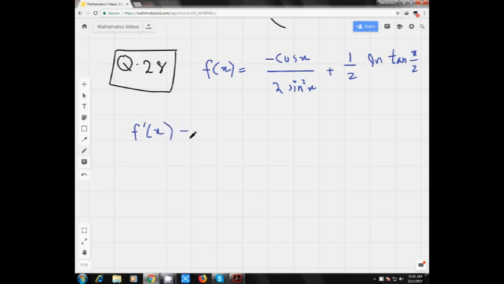So f dash x, in the first quantity you have to apply the quotient rule. The derivative of the top one is minus sine x and the denominator remains as it is. When it multiplies with sine x, you get 2 sine cube x, minus numerator as it is, the derivative of the denominator, and it is 2 times sine x.